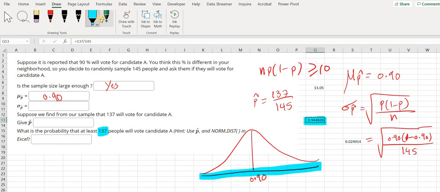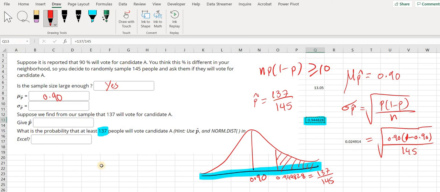So we're going to use this proportion, 0.94, approximately here, and we need to find the probability that at least, that means either this or more. So we want to find this area right here. This is 0.944828, which is the proportion of 137 divided by 145.